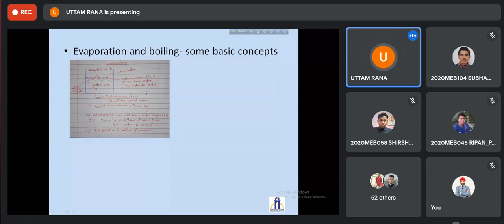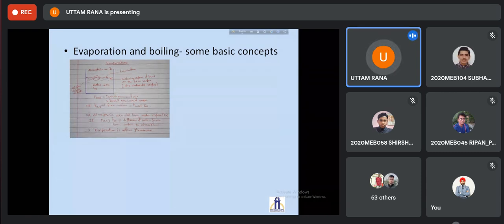When there is a liquid, let us consider a pond or some water body. Just above the interface of the water body, there will be a layer of vapor. What is the state of that vapor? It is dry saturated vapor. That means in that layer there is no liquid, only vapor of that particular substance. So evaporation takes place basically below the boiling point temperature.